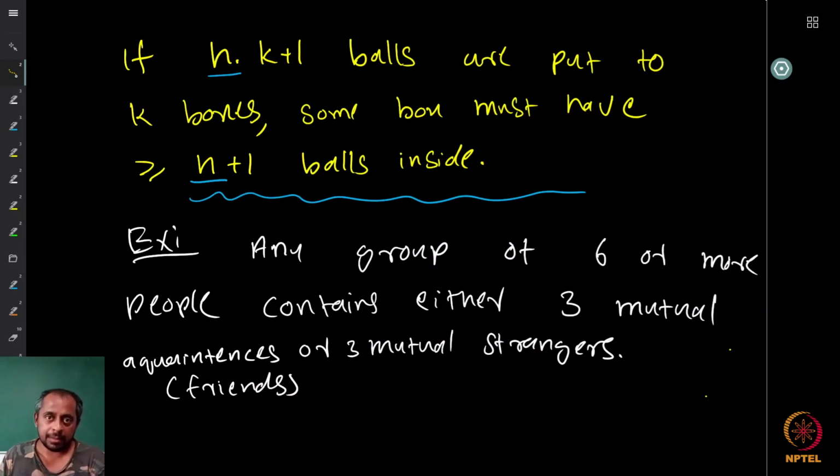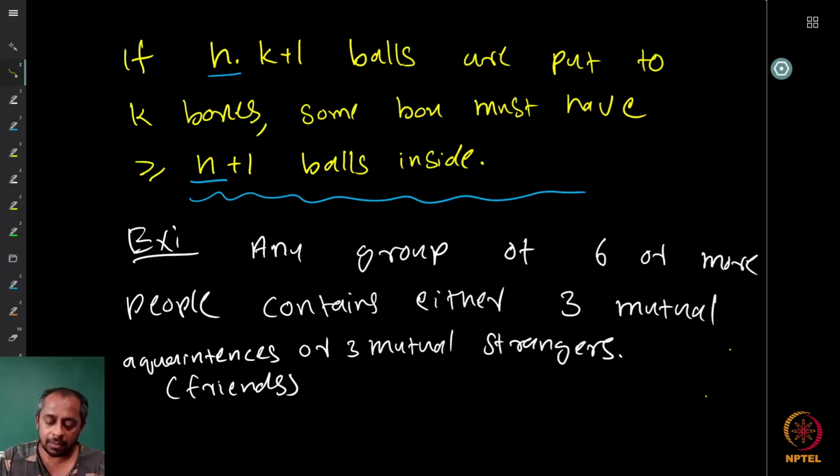If you show that out of this 100, any 6 contain 3 friends or 3 strangers, then the entire group also has 3 friends or 3 strangers. So we don't really need to look at larger numbers. We can just work with 6.